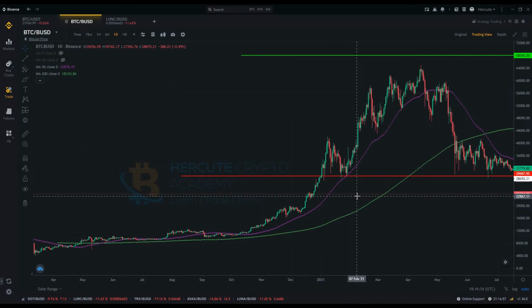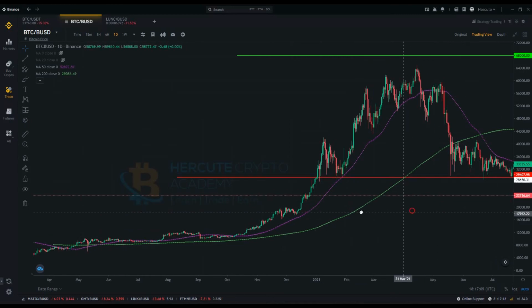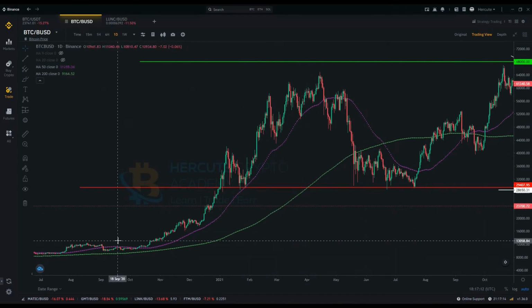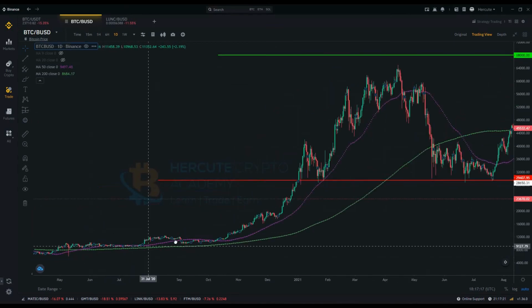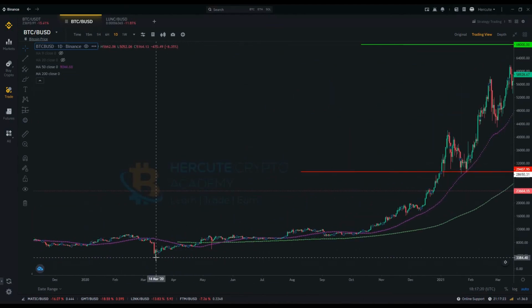Then in 2018, 2019, the market stayed there for quite some time until March of 2020. Now, March of 2020, let me see that. March of 2020 is, this is November, this is September, March of 2020, we go back around here.